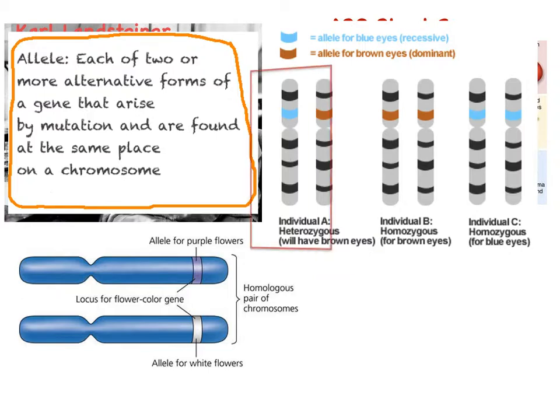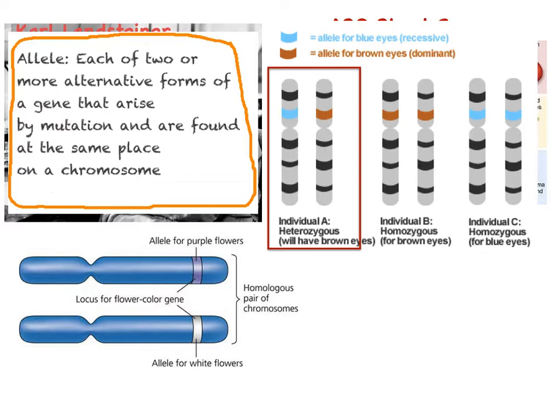Now look at the first individual, A. He has a blue color gene in one of his homologous chromosomes, and a brown colored gene in the other chromosome. So he is heterozygous, a heterozygote, because this person has two different kinds of alleles.